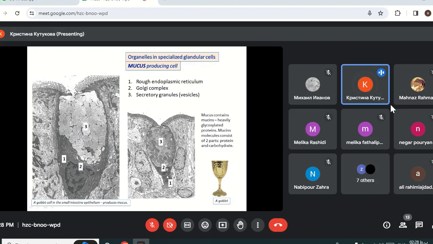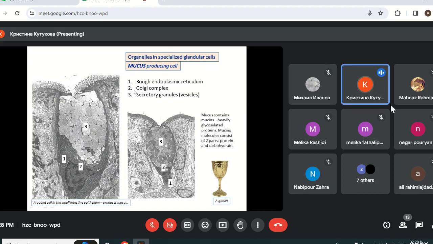In its lower thin part we have the nucleus, triangular in shape, and some amount of cytoplasm. And in this cytoplasm we will have rough endoplasmic reticulum, the same in this picture. In the lower part, the nucleus is surrounded with cytoplasm filled with very well-developed rough endoplasmic reticulum, number 1.